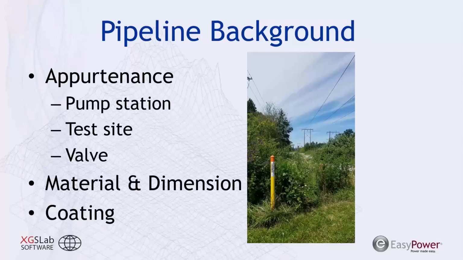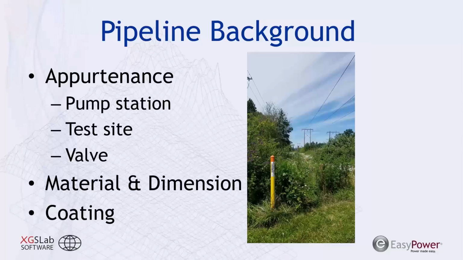Also need to be aware of the material of the pipeline. Obviously, it doesn't need to be evaluated if it's a non-conductive material. If it's a steel, what thickness that steel may be and what diameter that pipe may be will affect the overall induced voltages and how much voltage can be induced and conductively coupled.